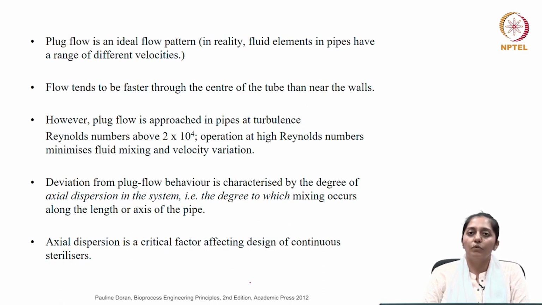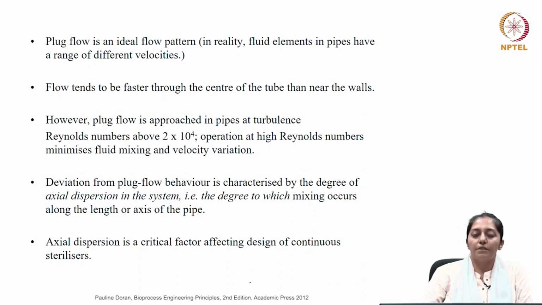So, if we have to characterize the non-ideal behavior of the fluid flow, we must be able to characterize the degree of axial dispersion in this system. That is the degree to which the mixing is occurring along the length or the axis of the pipe.